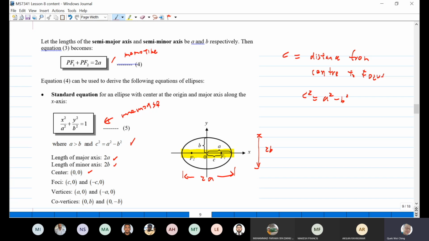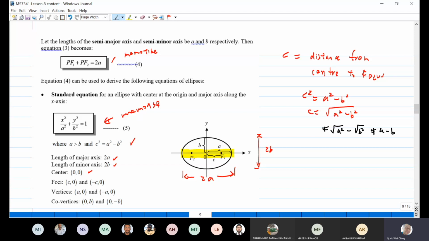Long one is a, short one is b, so this is always positive. So you take the square root and you get the square root of a squared minus b squared. Again, be careful. This is not equal to the square root of a squared minus the square root of b squared, which would give you a minus b, right? It's not this, okay? So you just leave it as they are, find the square root, then you get the answer.